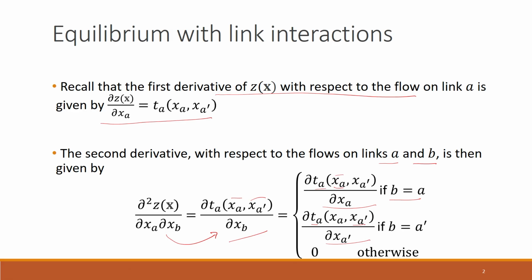However, if link B is any other link apart from A or A dash, then this quantity will be 0. That is, the second derivative with respect to the flows on links A and B will be 0 if B is neither link A nor link A dash. Okay.